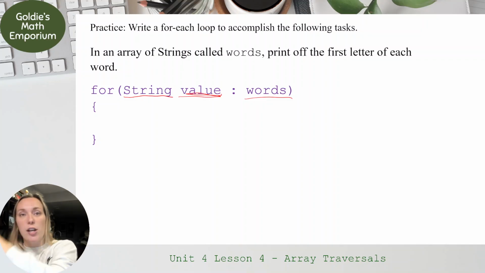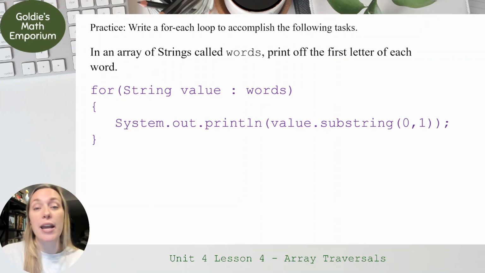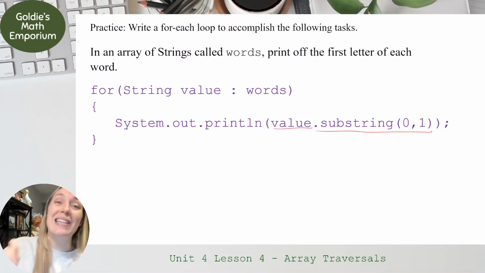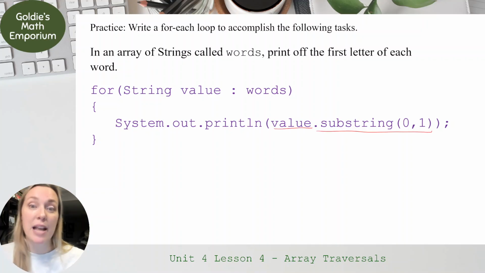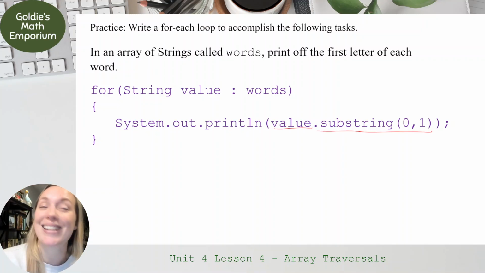Each word is going to change each time as I traverse through this array. I don't actually want to check anything. I just want to print off the first letter of each word. So I'm going to take value and find the first letter by using dot substring(0, 1). That's going to get me my first letter and print it off. Look good?